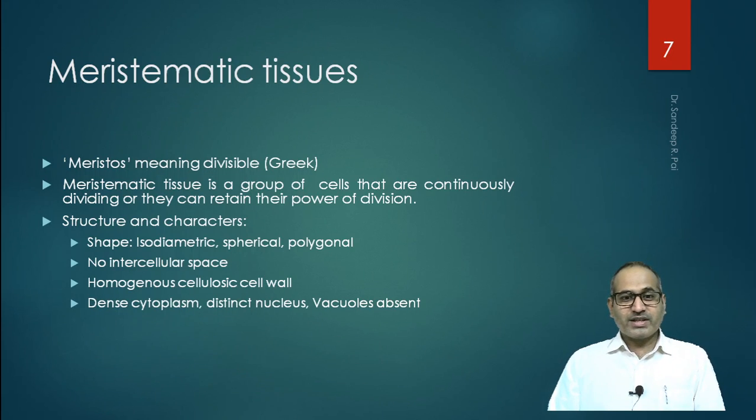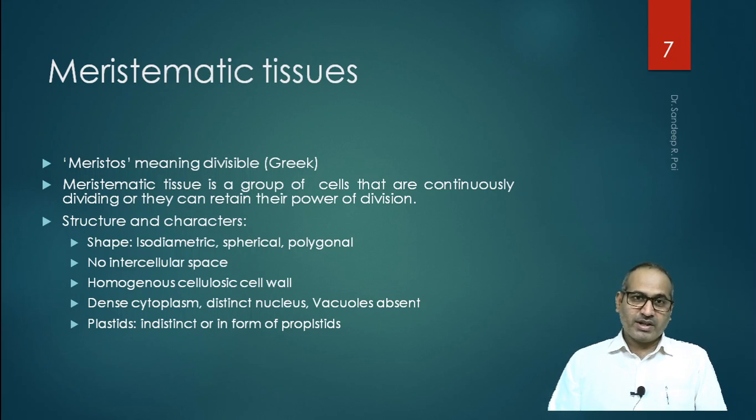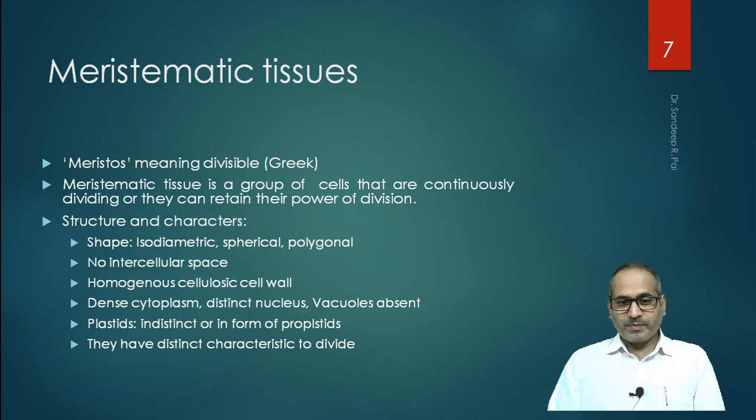They have dense cytoplasm, a distinct nucleus, and vacuoles are absent in such meristematic cells. Plastids are indistinct or in the form of proplastids. Proplastid means the plastid which is in the initial stage of development.